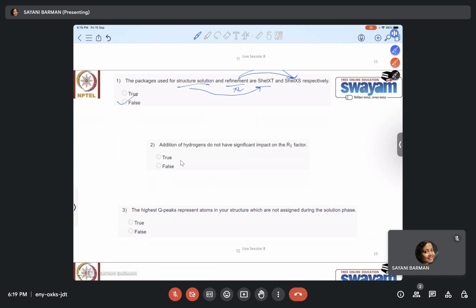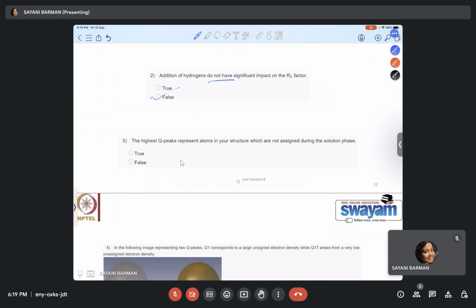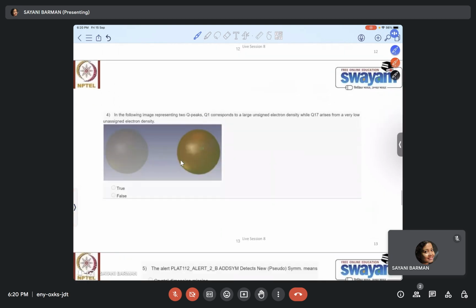Okay, so this is wrong. It's written as 'does not have', no? So it's wrong. It has a significant impact. Now, the highest Q peaks represent atoms in your structure which were not assigned during the solution phase. Yes, it's true.